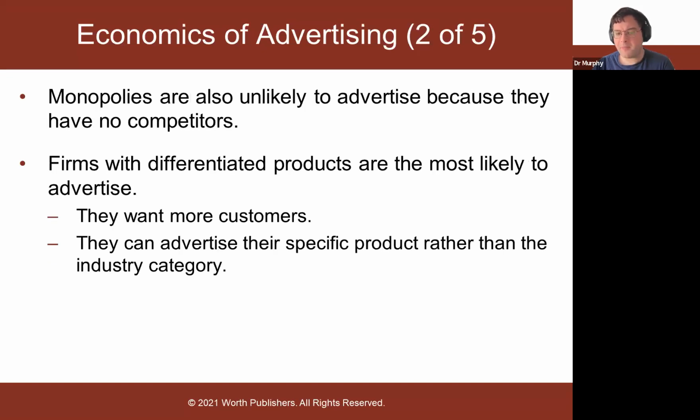Monopolies don't often advertise because they have no competitors. You don't need to signal that your product is different because there are no other products. However, again, there are exceptions. A monopolist will advertise if they are looking to provide information that they have a new product.